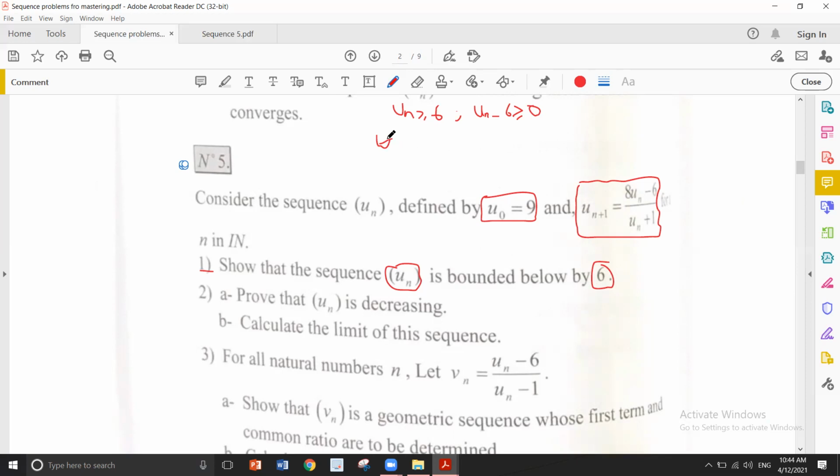First, u0 is 9, and 9 is greater than 6. Suppose un greater than 6. Third step, we have to prove that un plus 1 is greater than or equal to 6.